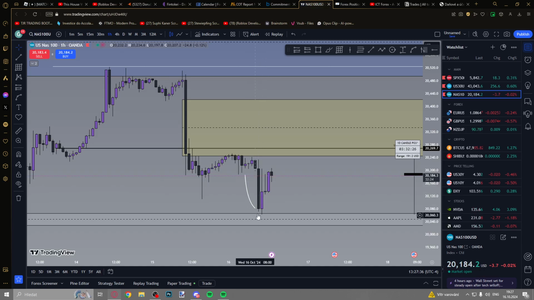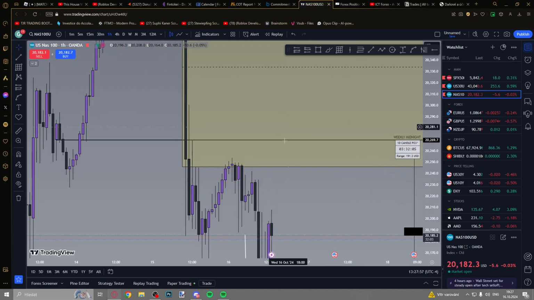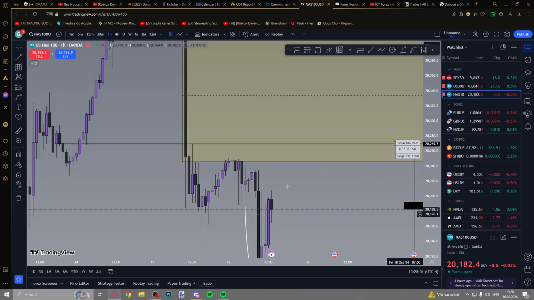Again, you can see the pattern, right? Rejection block. I think this will be an order block. Could be. Then we need a fair value gap, right? In the fair value gap, possibly have our breaker block, which will be these three candles.